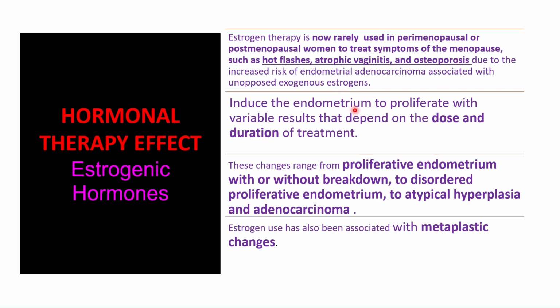The effect of proliferation in the endometrium depends on dose and duration of treatment. Changes range from proliferative endometrium with or without breakdown to disordered proliferative endometrium to atypical hyperplasia and adenocarcinoma, and it has also been associated with metaplastic changes.